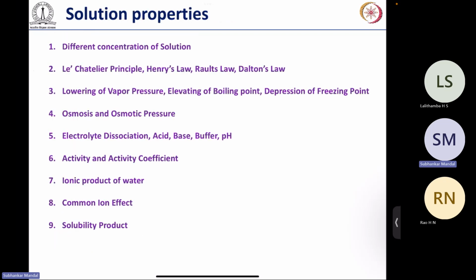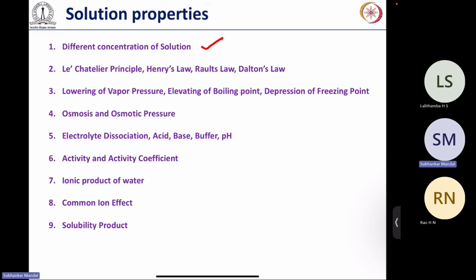Okay. So in the last class we learned the different types of concentration terms like molarity, mole fraction, ppm, all these things. After that we discussed Le Chatelier's principle.